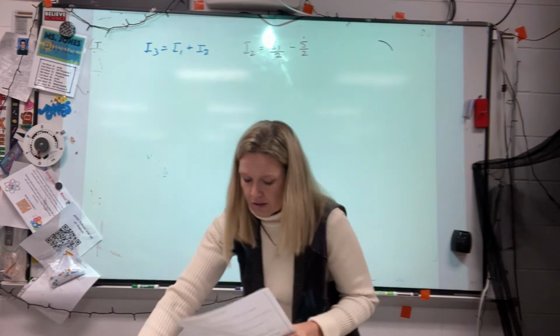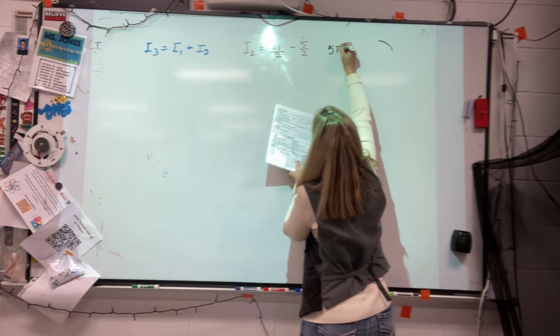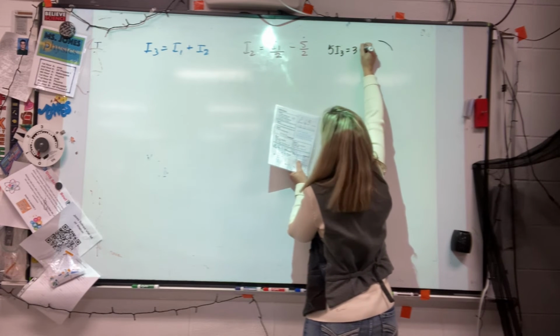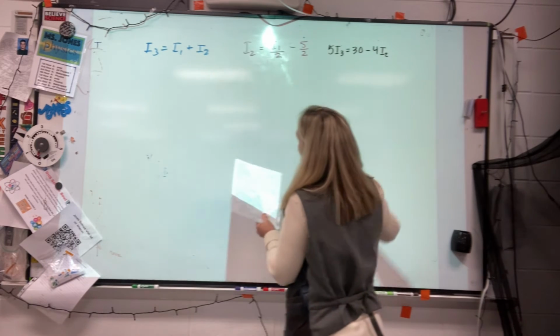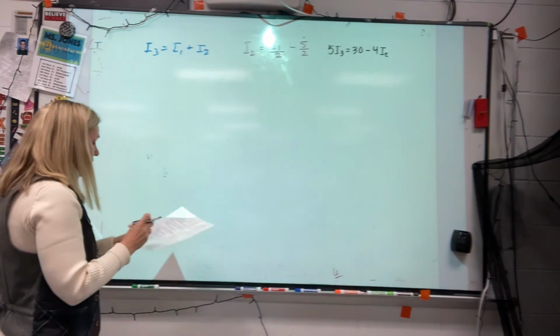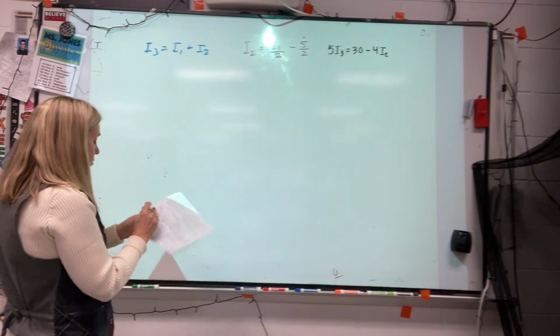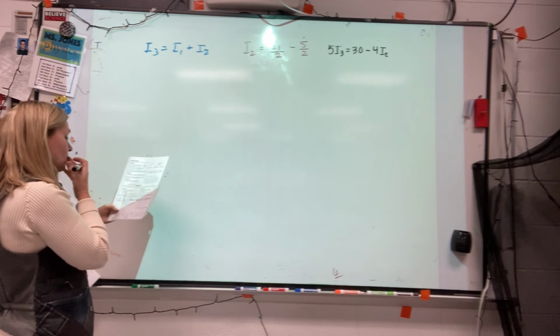Then we had 5I3 equals 30 minus 4I2. You could do this however you want. I'm going to do it like in the video, but you could do whatever. So here's what I got going.